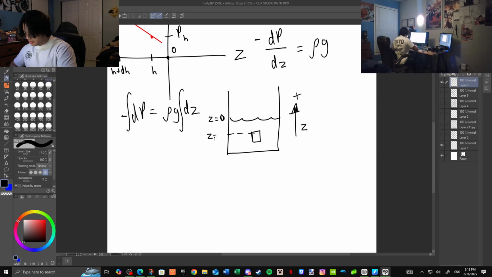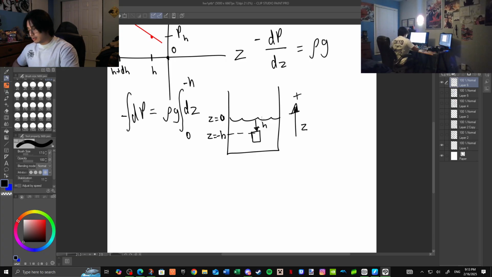So z would equal negative h in this case, because we are traveling downwards, which goes against our rule that the positive direction is upwards. So our bounds are 0 and negative h for the integral of dz.